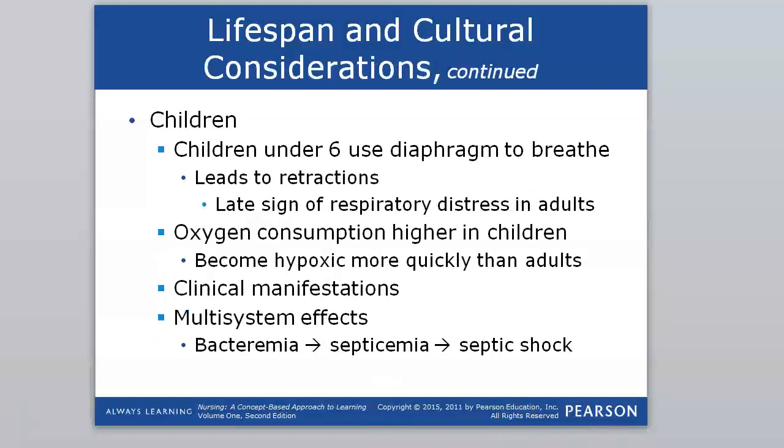Remember, children under 6 use diaphragm to breathe. That's where it leads to retractions, which is a late sign of respiratory distress in adults. Oxygen consumption higher in children. They become hypoxic more quickly than adults. Clinical manifestations where the effect of pneumonia could be sepsis, leading to septic shock and possible death.